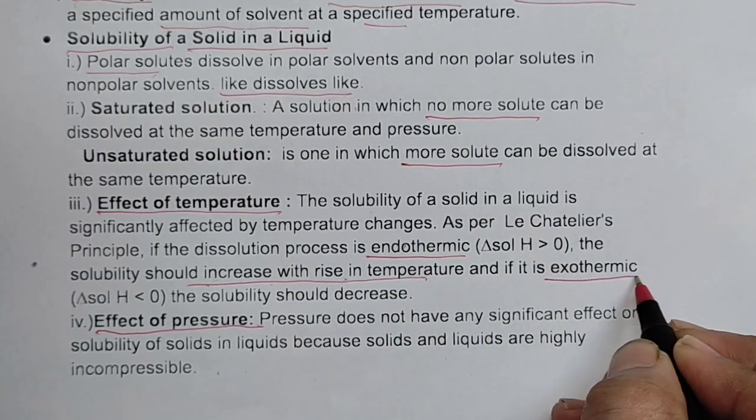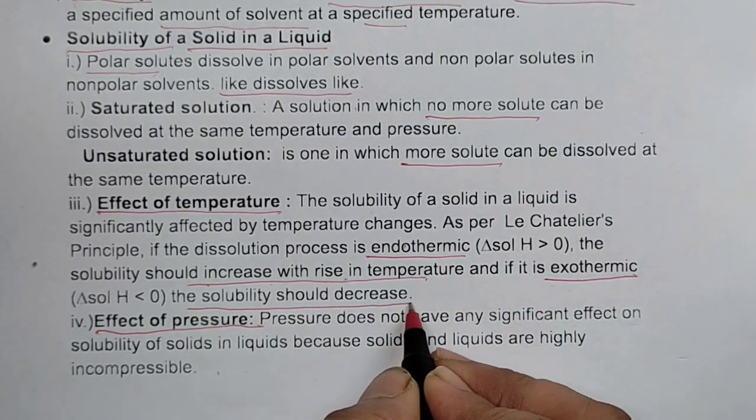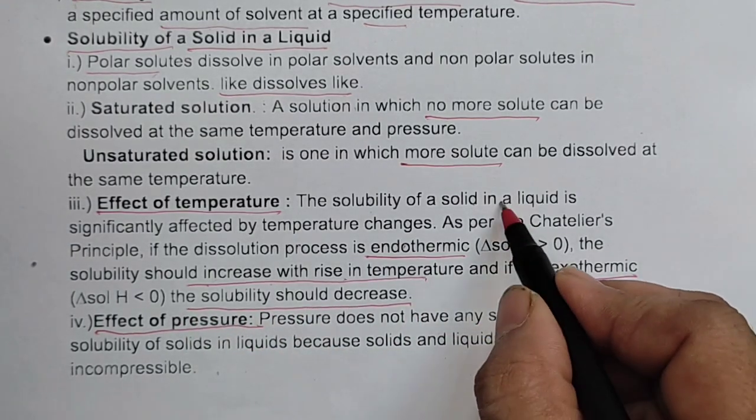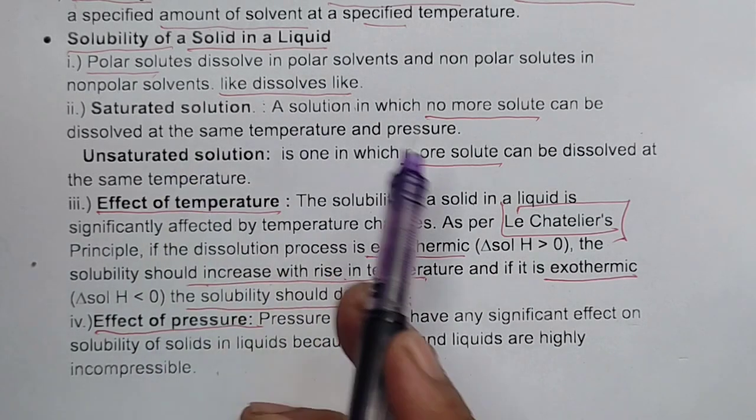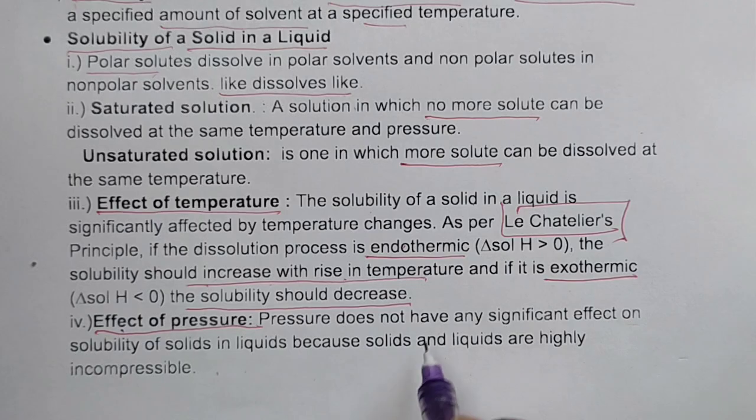And if it is exothermic, solubility will decrease with increase in temperature, as per Le Chatelier's principle. We'll have to talk about Le Chatelier's principle in this. Is this clear? And in case of solid and liquid, pressure has no effect, because solids are already incompressible. So there is no effect of pressure on the solubility of solid in liquid.